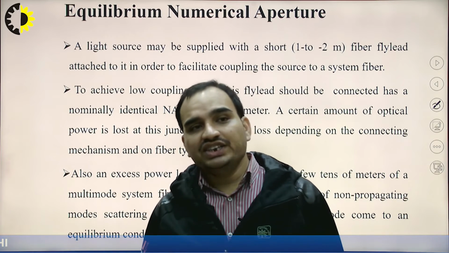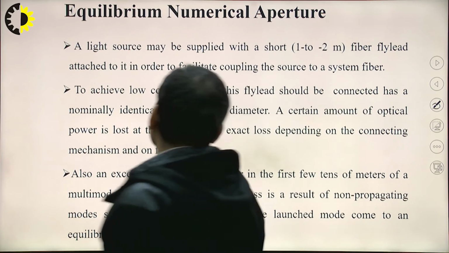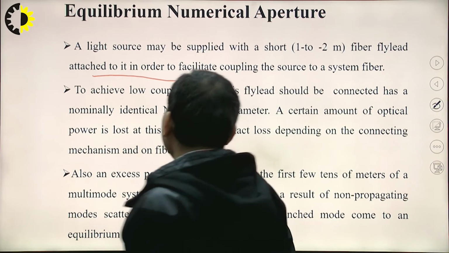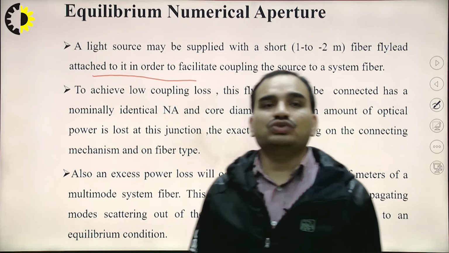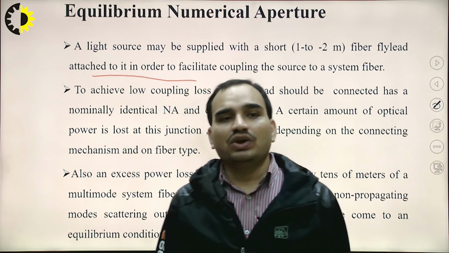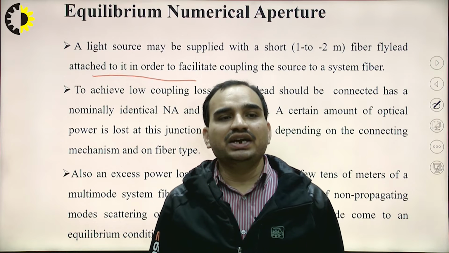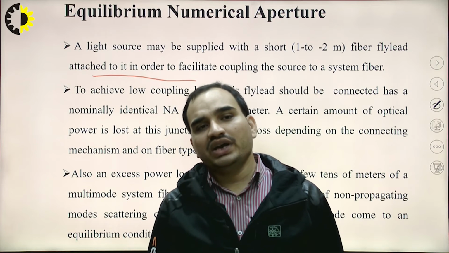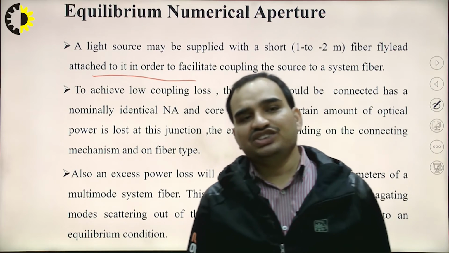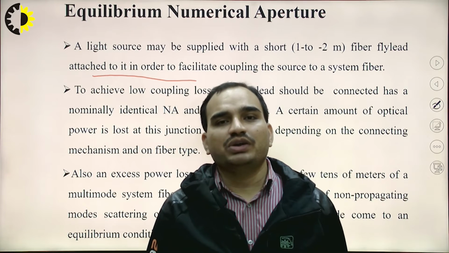So the light source may be supplied with a short, 1 to 2 meter, fiber flylead attached to it in order to facilitate the coupling from the source to the system fiber. To achieve low coupling loss, the flylead should have nominally identical numerical aperture and core diameter. A certain amount of optical power is lost at the junction, and the exact loss depends on the connecting mechanism and fiber type.